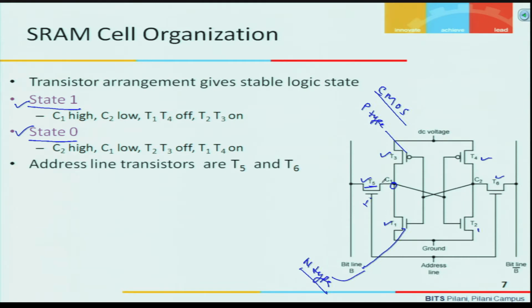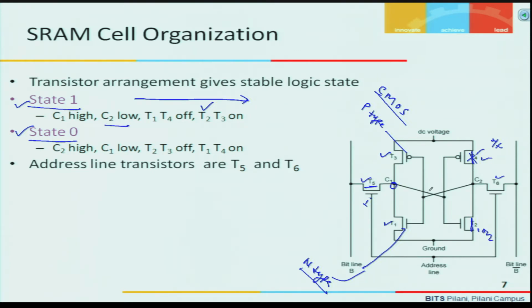So, C1 high will make this connected. T2 transistor will be on and T4 transistor will be off. So, this is off, this will not be connected. I am talking about the first state 1 right now, and this is on.